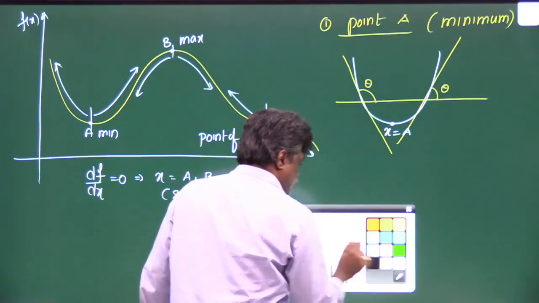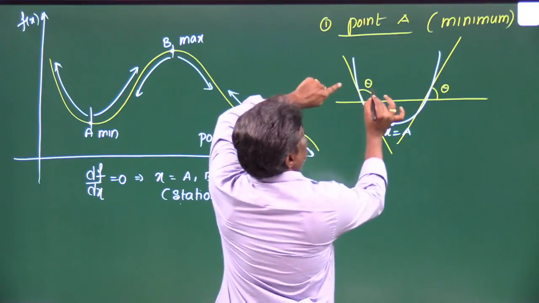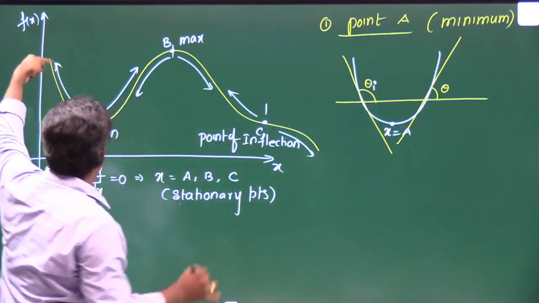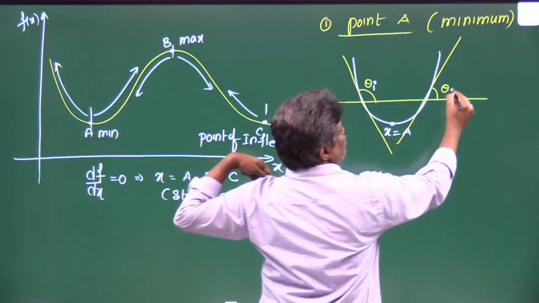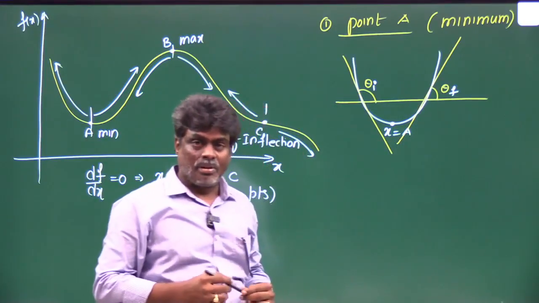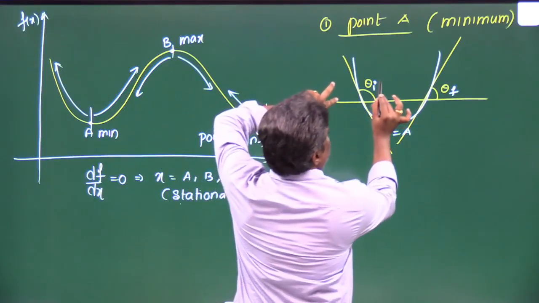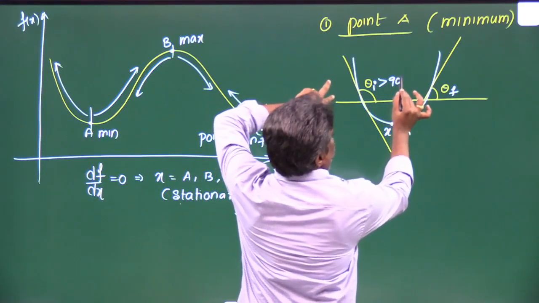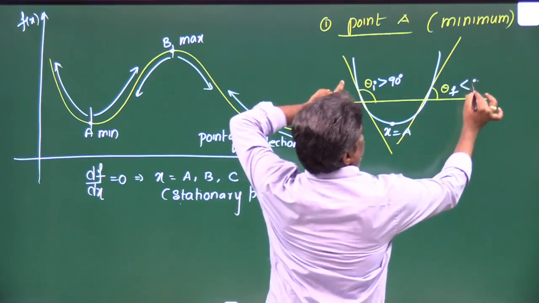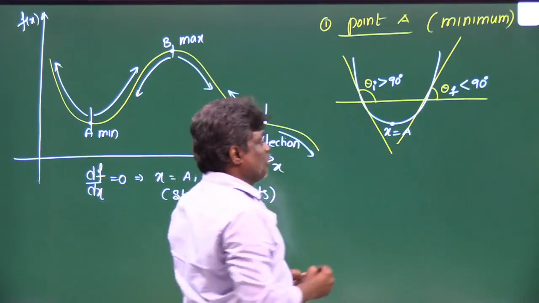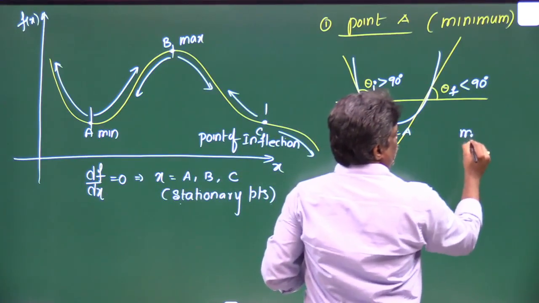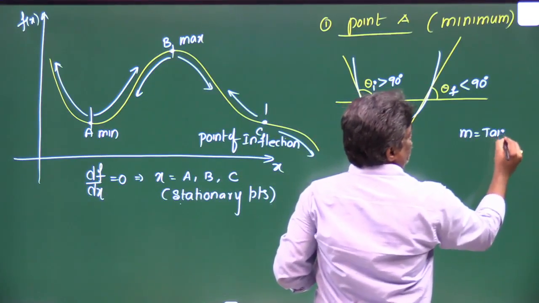Now observe carefully. I can take this as the initial theta because the function starts from here, and this is the final theta. Your initial theta is greater than 90 degrees and this theta is less than 90 degrees. I hope you remember the slope m is equal to tan theta.